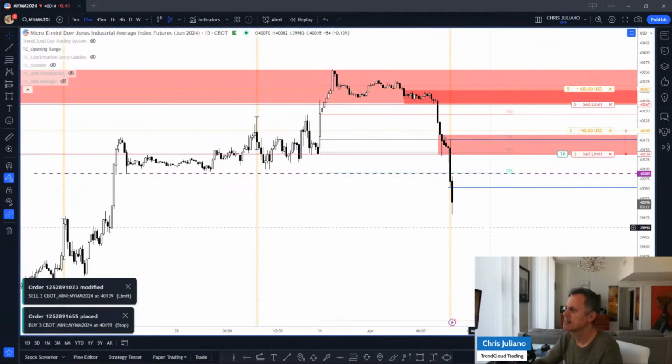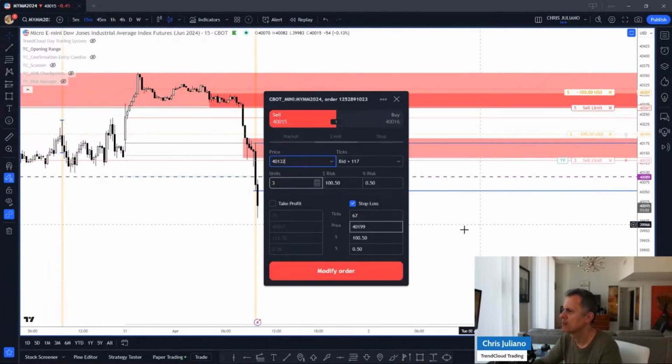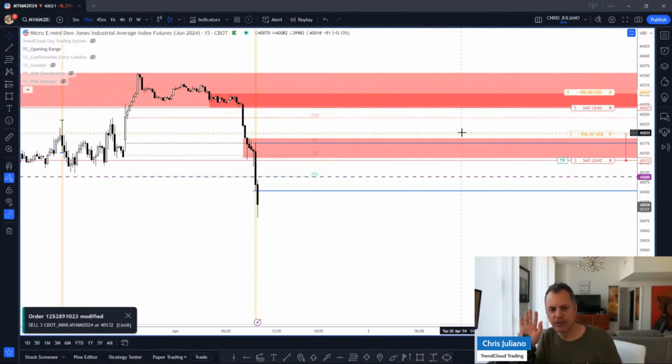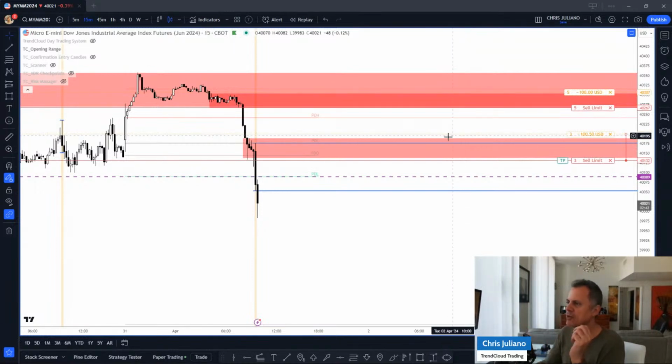If you set it up like this, here's a supply zone, right? $100, $100. If both of these fail, this is how you have to look at everything, guys. We want to try to get in on this. We've got a very viable supply zone here and another one here, $100 each. So you're saying, I'll risk $100 on this one and $100 on this one.